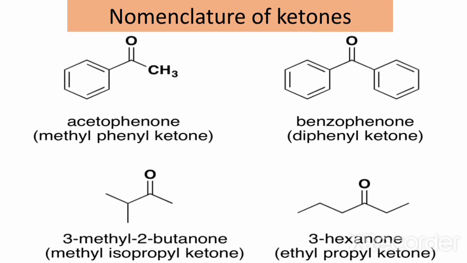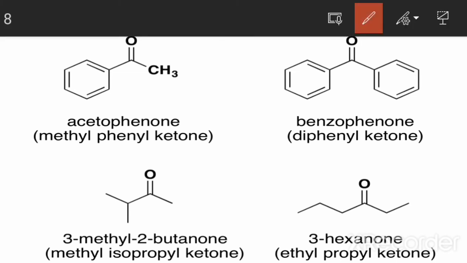We will name it acetophenone as a common name, because the group attached on the ring is acetone, and phenone for the ring attached to the acetone. It is also named methyl phenyl ketone, because on the ketone carbon, one side is attached to the methyl group and the other side to the phenyl group. We name it methyl phenyl ketone because M comes before P.